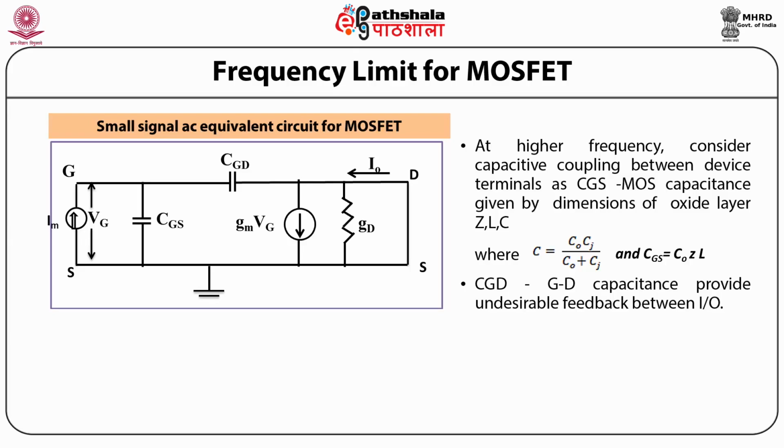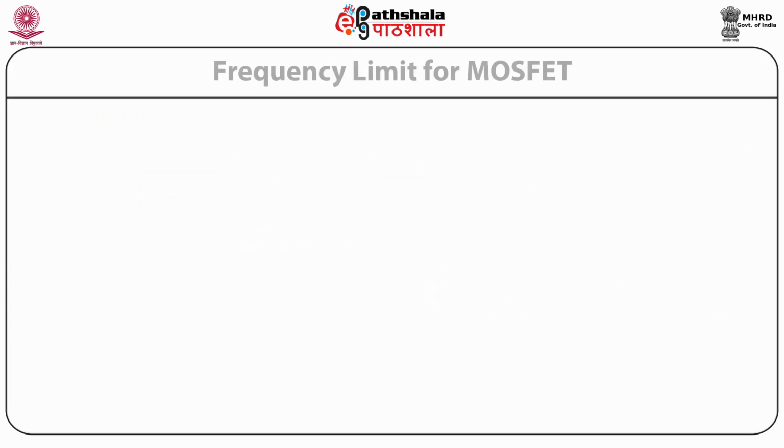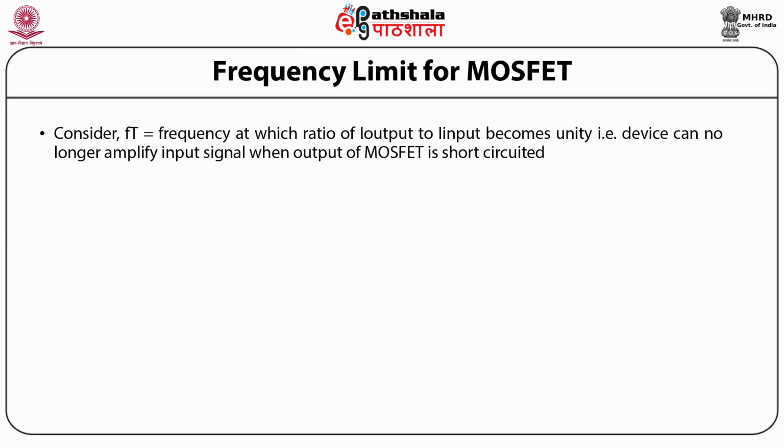CGD is the gate to drain capacitance, which provides undesirable feedback between input and output. So consider Ft to be the frequency at which the ratio of I output to I input becomes unity. That is, the device can no longer amplify the input signal when the output of the MOSFET is short circuited.